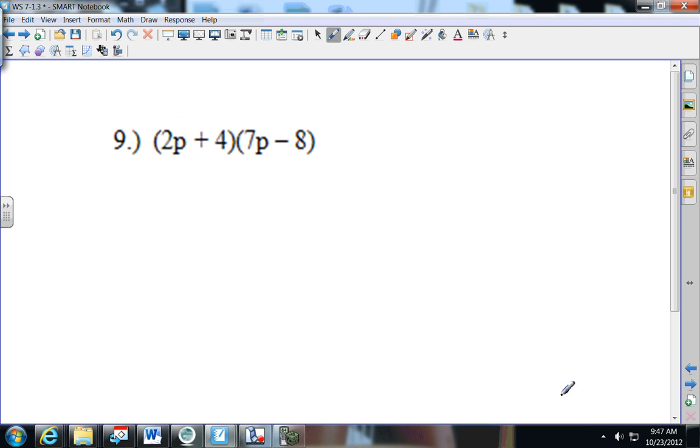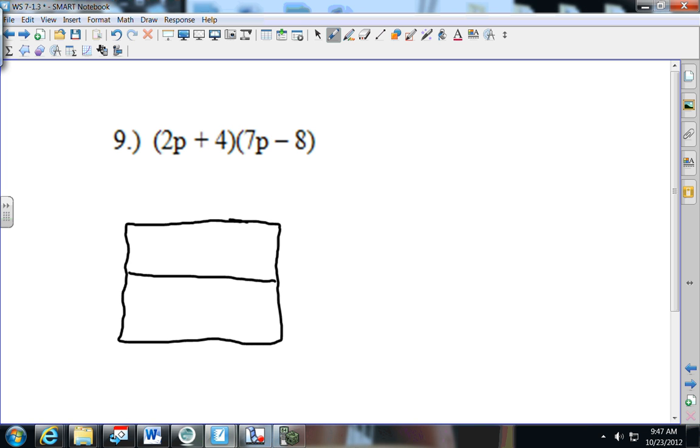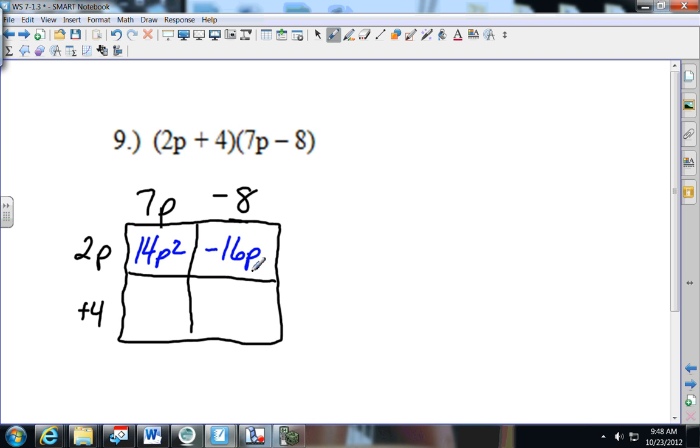The next one is number 9. You can pause the video, or if you've already got it done, we can continue. Make the box. I get 2p plus 4, 7p minus 8. 2 times 7 is 14, p squared. 2p times negative 8, negative 16p. 4 times 7, 28p. 4 times negative 8, negative 32.